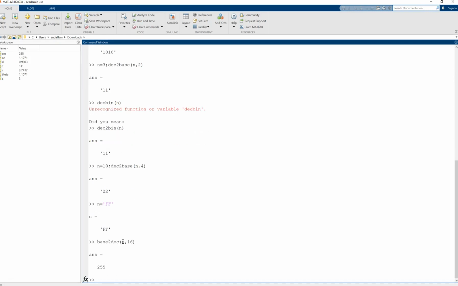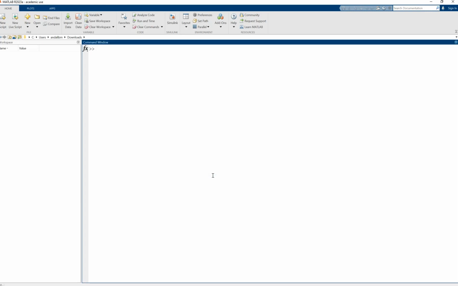And it says, hey, the number is what? 255. Okay, so these are some base commands for permutation, prime numbers, conversions, and so on.